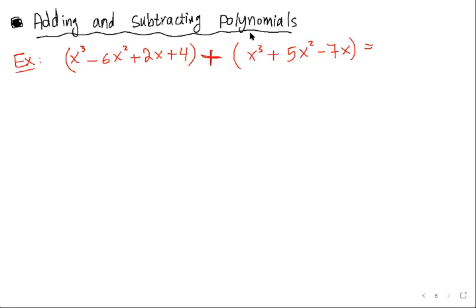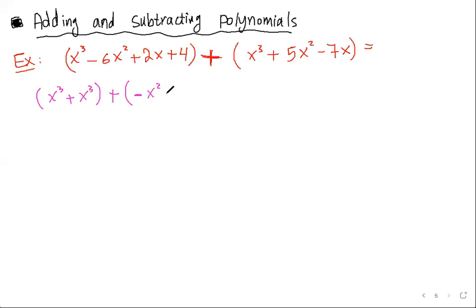So I group like terms: x to the power 3 with this x to the power 3, plus I have minus x squared here, and here I have 5x squared.